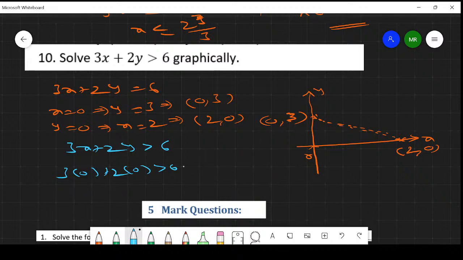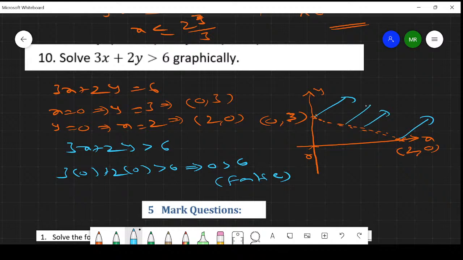From this statement, 3 into 0 gives 0 greater than 6, but this is false. That means the required solution region doesn't have the origin; it is the side other than the origin side. Other means I can mark it above, the upper half.